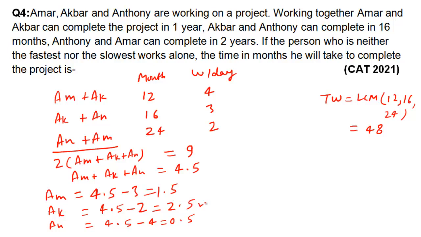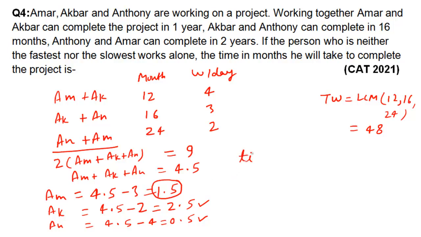So Akbar is having the highest efficiency and Anthony is having the least efficiency. So we are looking for this person, Amar. Amar is having efficiency in between Akbar and Anthony. So the question is, how much time will Amar take to complete the job?